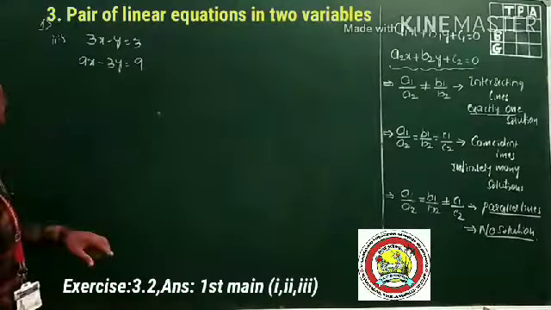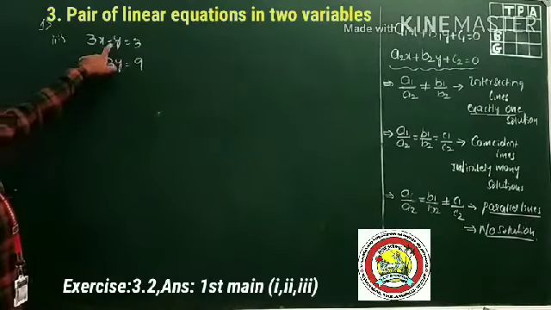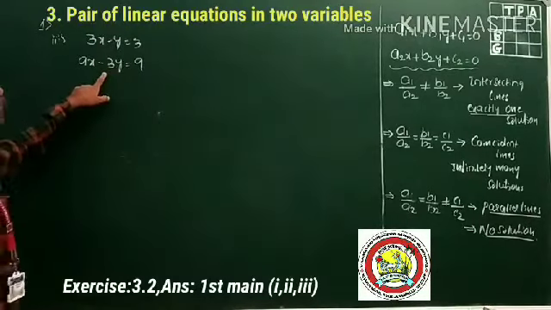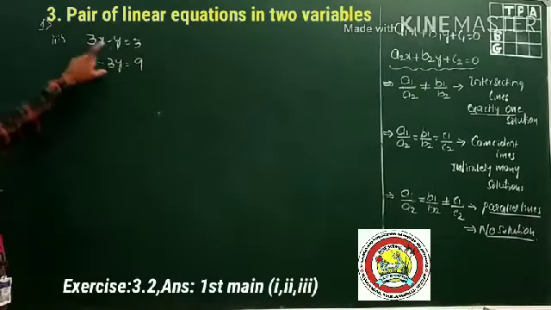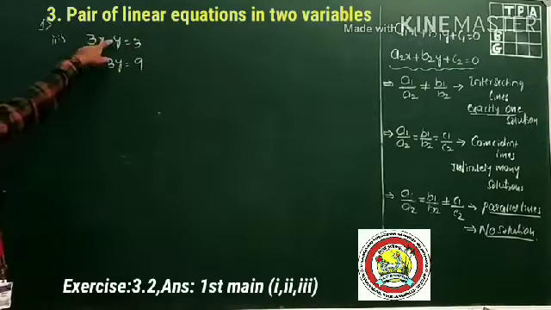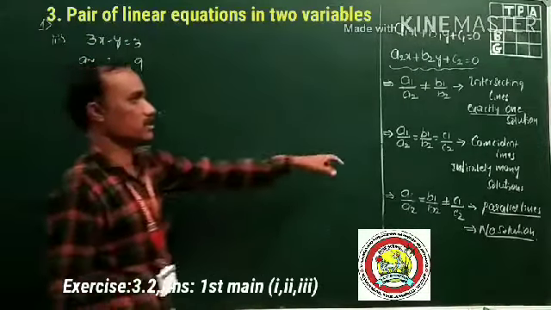So easily you can check: 3 by 9, 1 by 3; minus 1 by minus 3, that is also 1 by 3; and 3 by 9, 1 by 3. So A1 by A2 is equal to B1 by B2 is equal to C1 by C2.